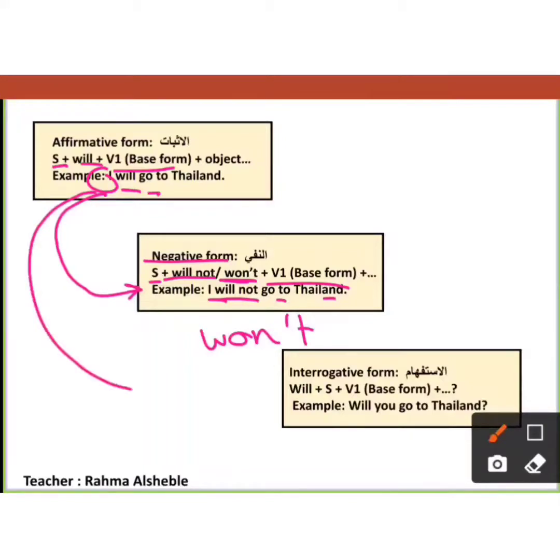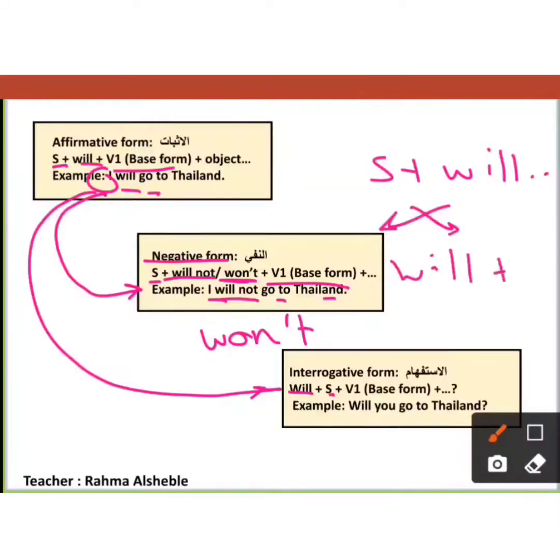Let's change it now to question, interrogative form. Will, we start with will. Then the subject. So here we have a shift, a change of places. Before we had subject plus will plus infinitive verb. Now will plus subject.